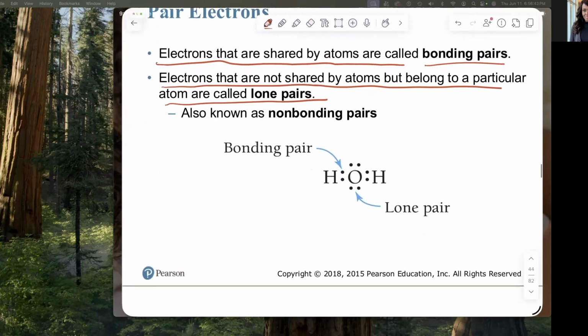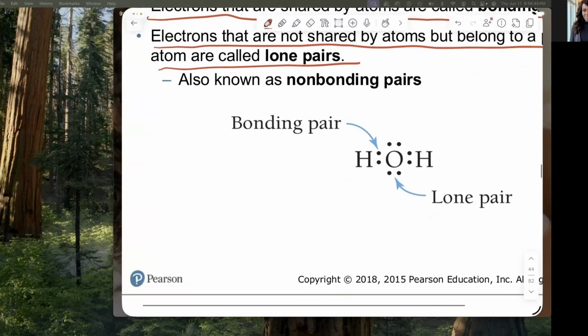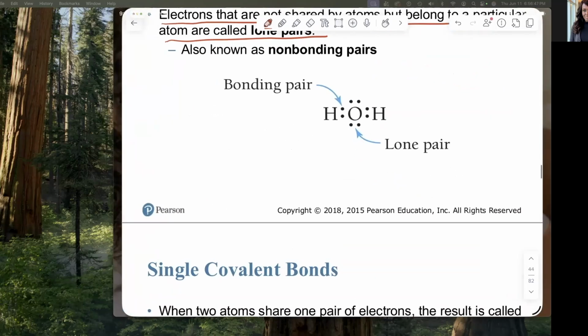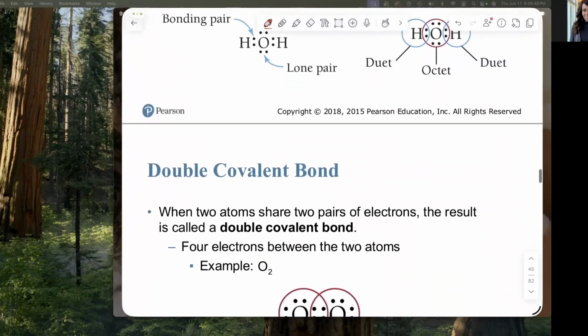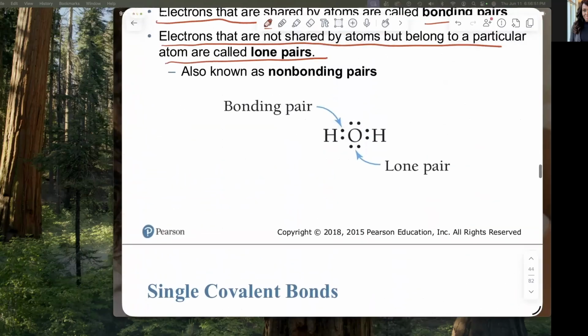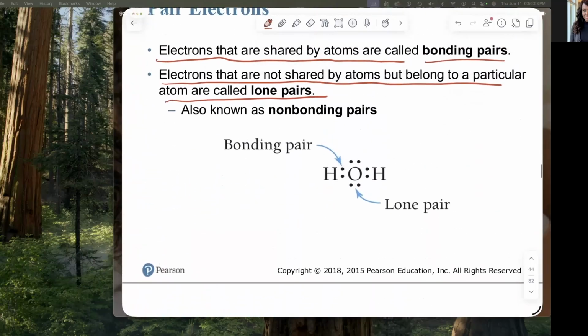So let me try to show you how this works out, right? First of all, let's start with the Lewis bonding. In the Lewis bonding, the beginning starts with the Lewis symbol. So hydrogen is in group 1. In group 1, it has 1 dot, right? Oxygen is in group 6. Group 6, it has 6 dots.